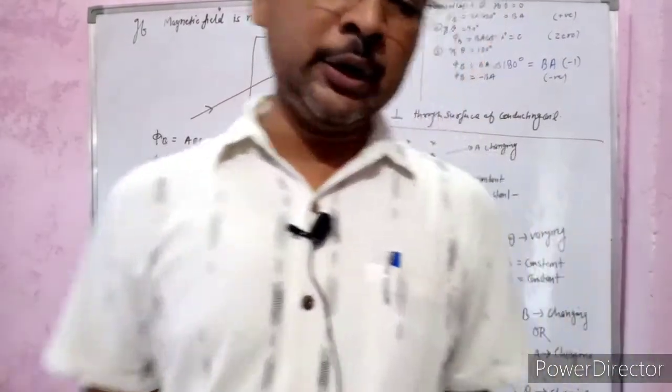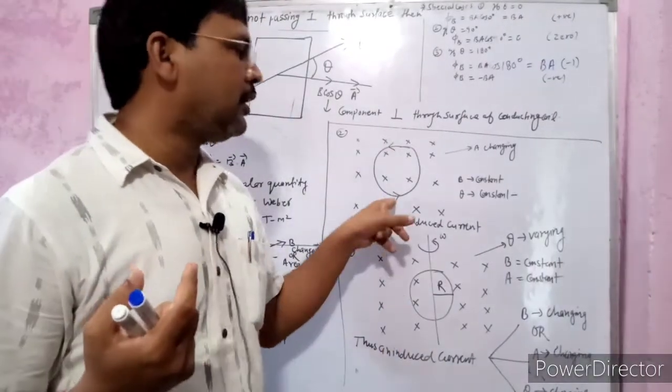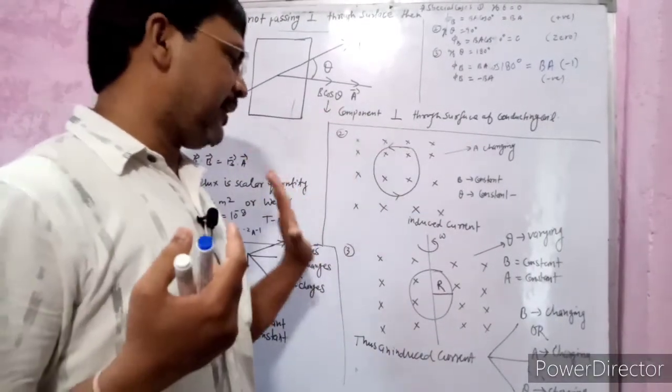Then an induced current flows through the coil as shown in the diagram.